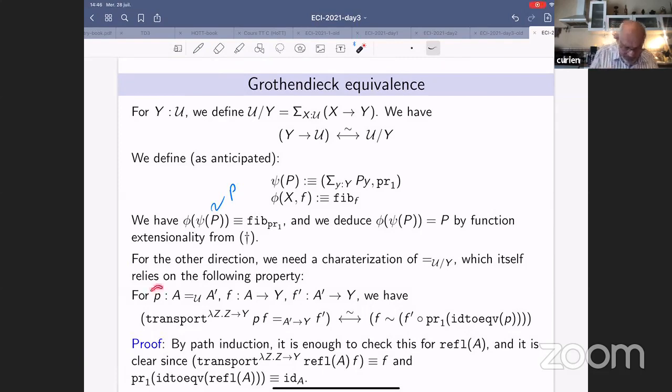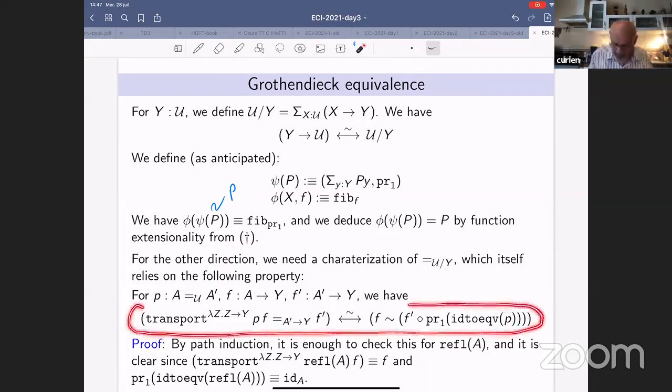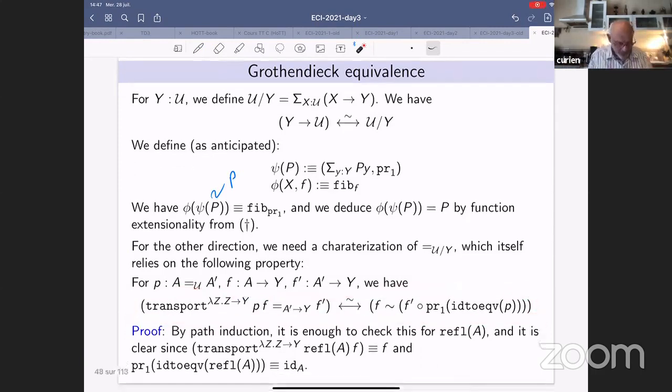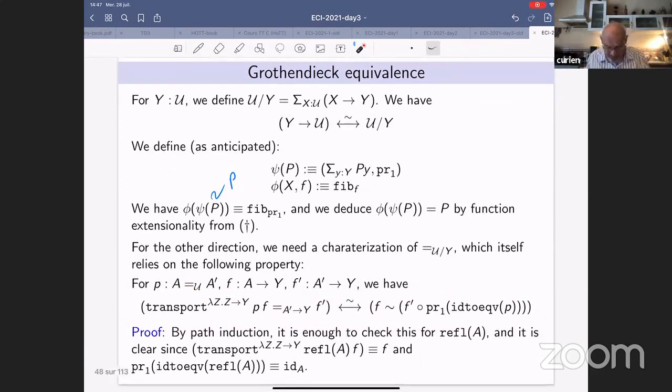And because I have this type equality here, I can transform it into a proof that A is equivalent to A prime through the id2eqv function. And I can take its first projection, which yields a function from A to A prime. Okay, so this theorem, how can we prove it? By path induction. And this is easy, this doesn't require univalence.